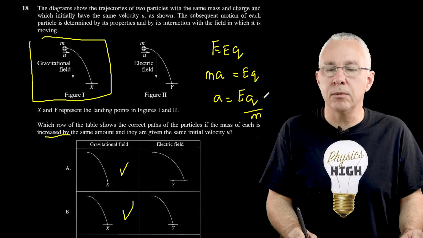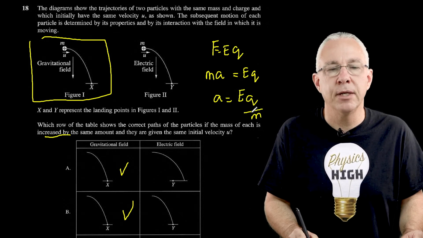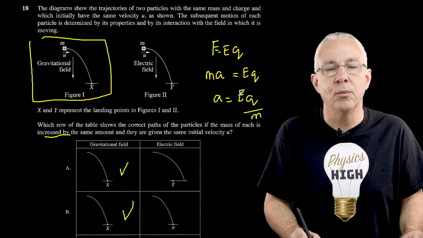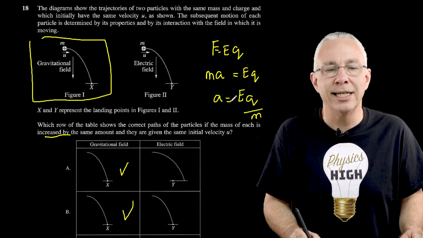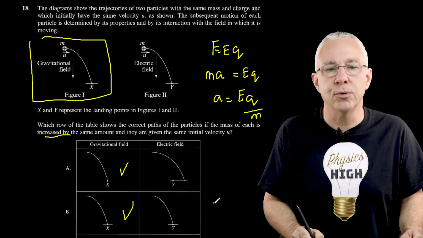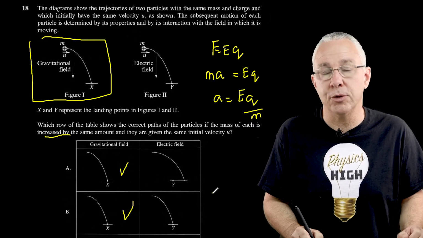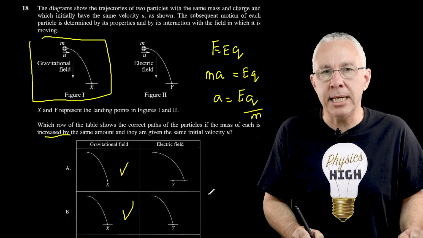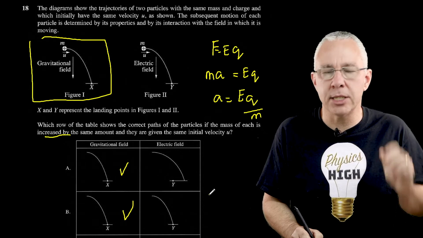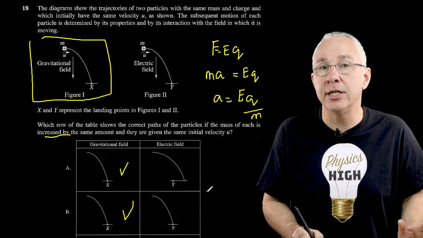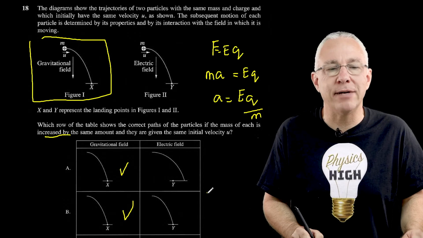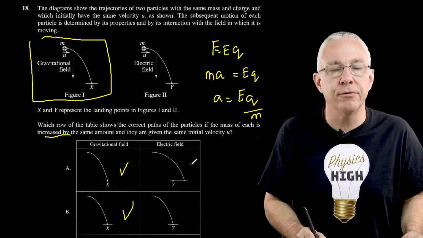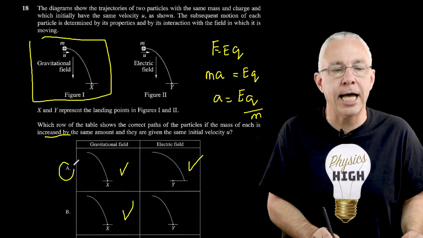So if we increase the mass in this scenario for the electric field situation, we have a decrease in the acceleration. If we decrease the acceleration, it's going to take longer to fall down a certain vertical displacement. That means it's going to have more airtime, and considering it has an initial horizontal velocity, it's going to have a longer range. And so therefore the only possible answer is A.